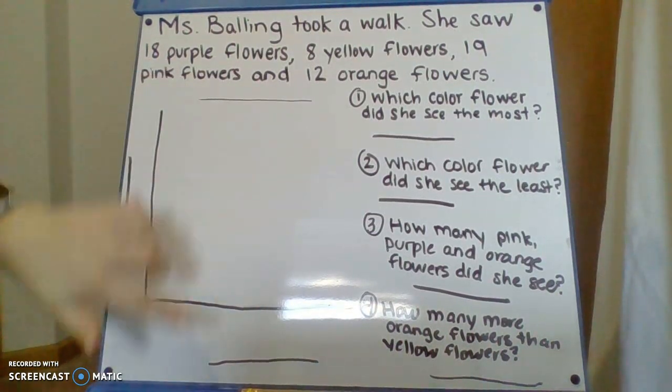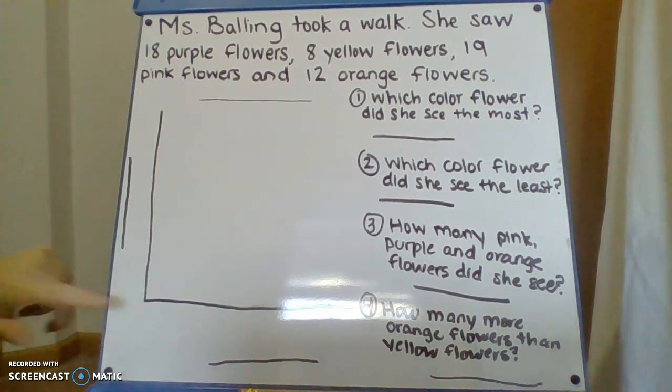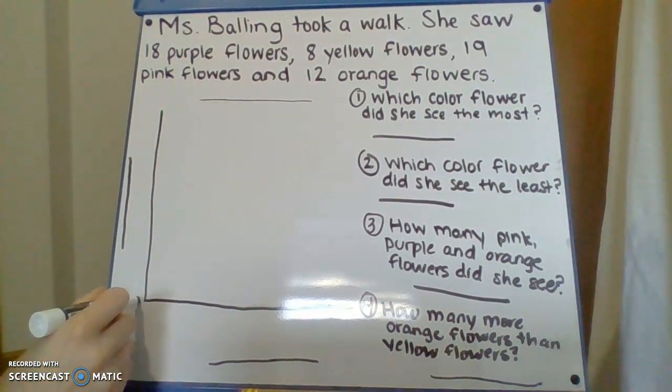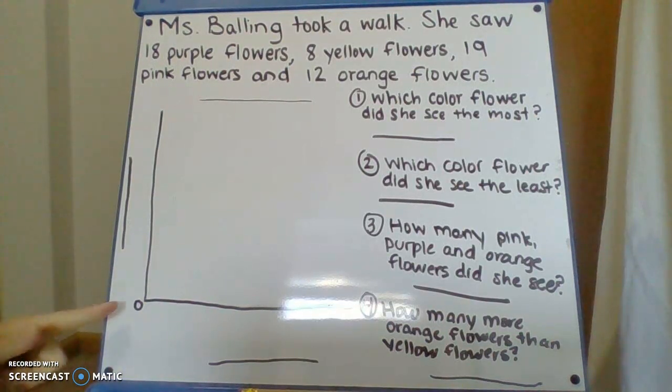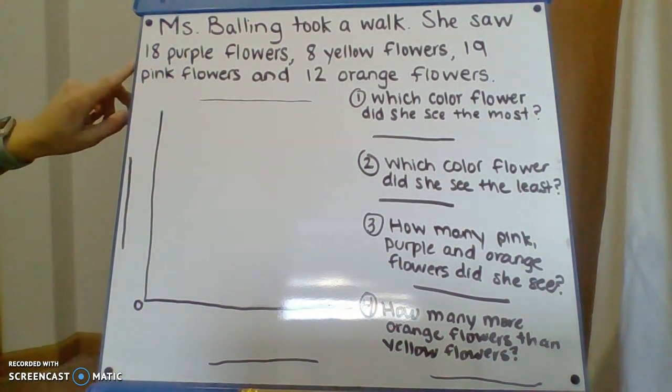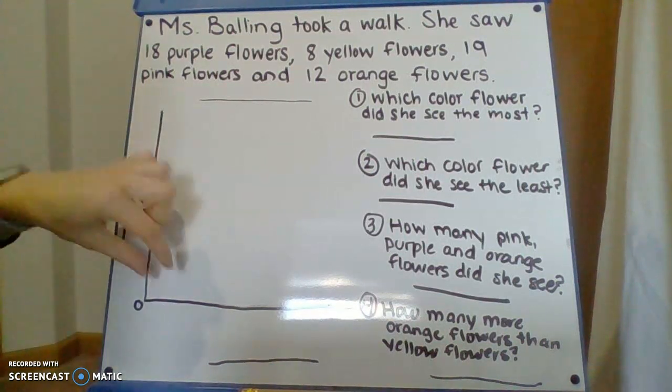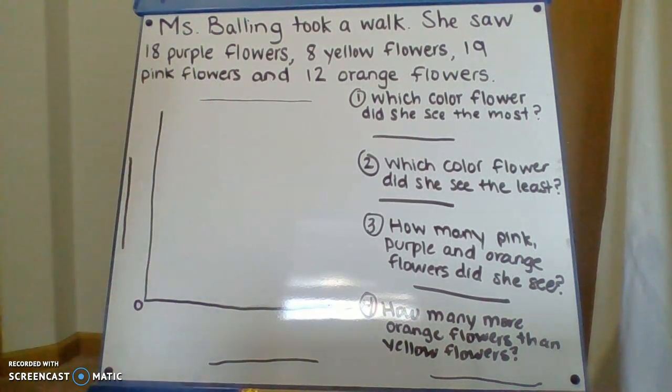Just remember that you need to be labeling these, and you need to be labeling your numbers. It always starts at 0, goes up, and you have to determine how far it's going to go up by looking at your numbers in your problem. Remember, you're doing a bar graph, so I should see those bars just like I drew previously in this video.